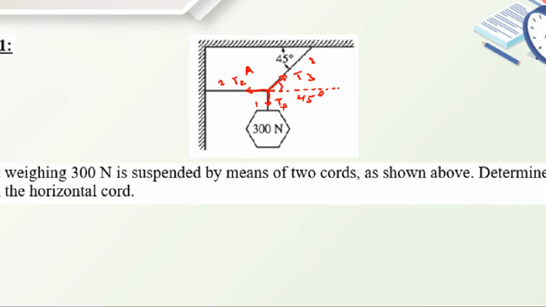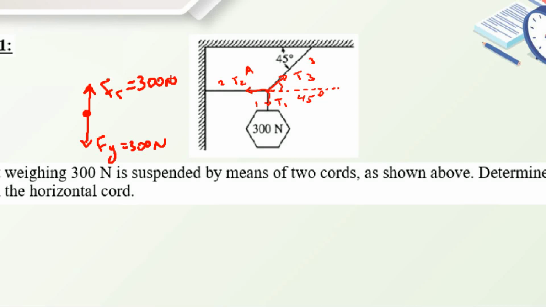Now what is the value of the tension T1? It is equal to 300 newtons, because notice that this object has a weight, or pull of gravity, equal to 300 newtons, which means that the tension up is also 300 newtons.